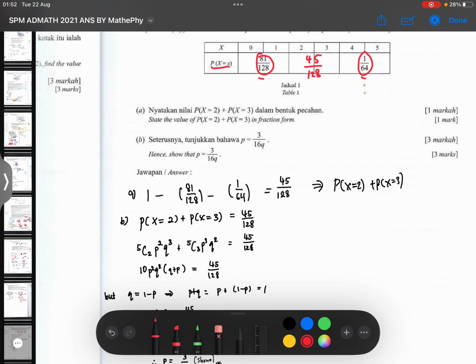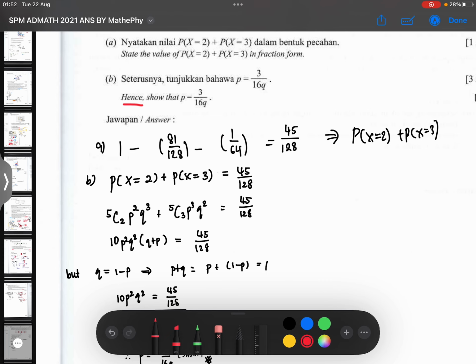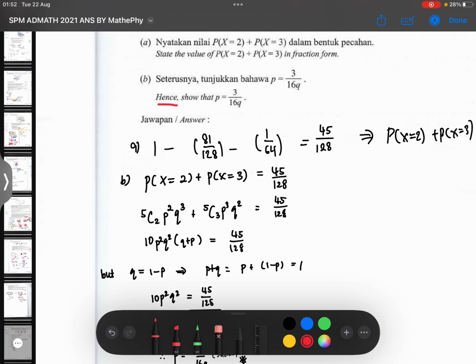Okay. B. Hence, show that p equals 3 over 16q. Because the word here is hence, we need to use whatever we got from question A. So P(X equals 2) plus P(X equals 3) is 45 over 128 from the previous question, right? We just apply the binomial formula.